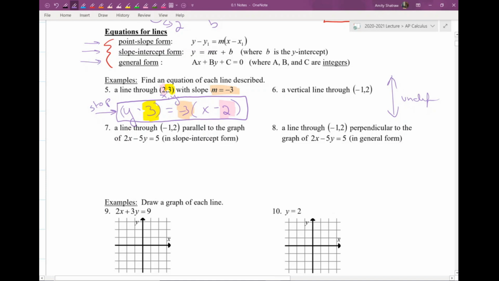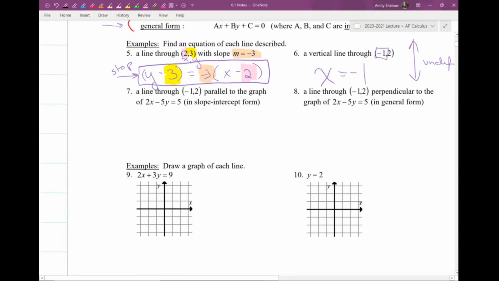And so that means that there's no change in the x values, which means I'm going to have x equals -1. Because x cannot change. It always has to be -1 in order for me to plug it into that formula and get a 0 on the bottom. I have to have those two numbers be exactly the same all the time.